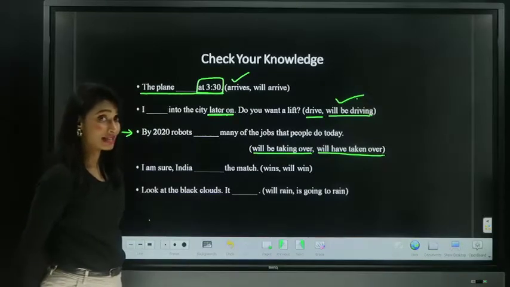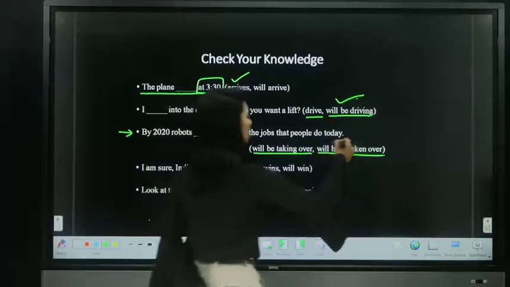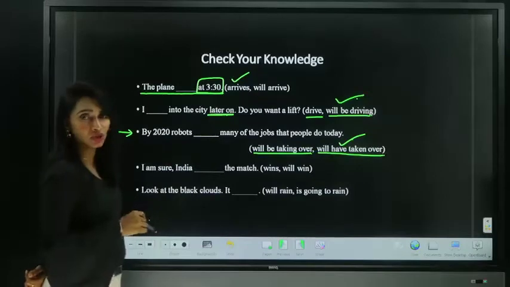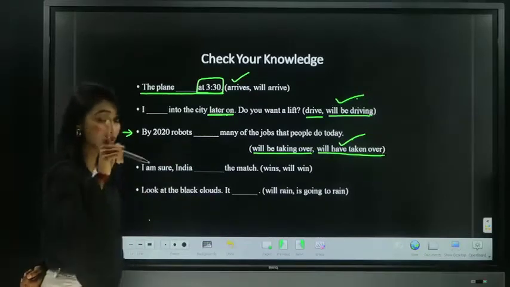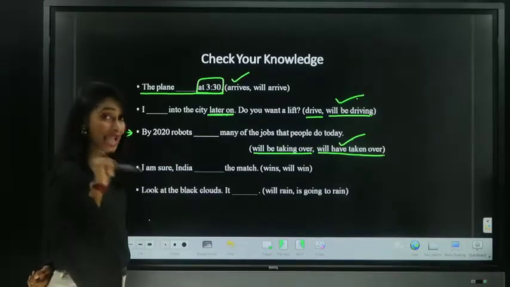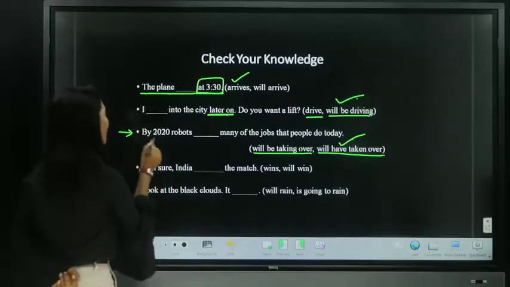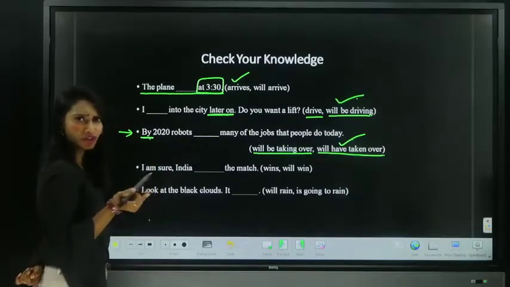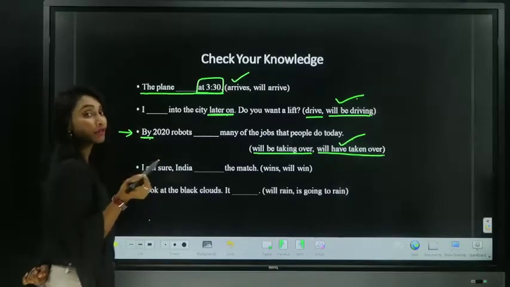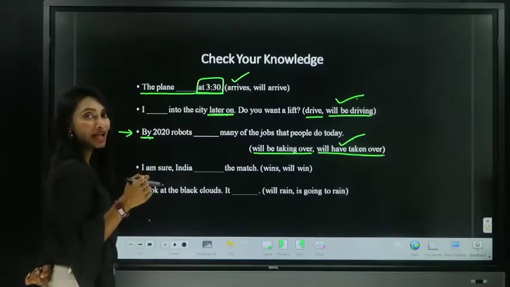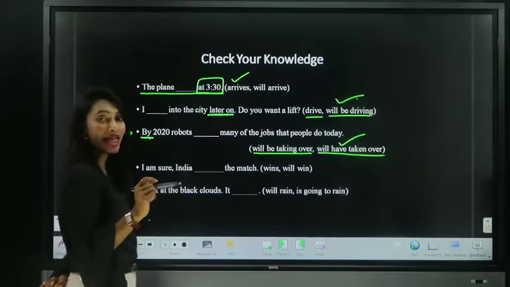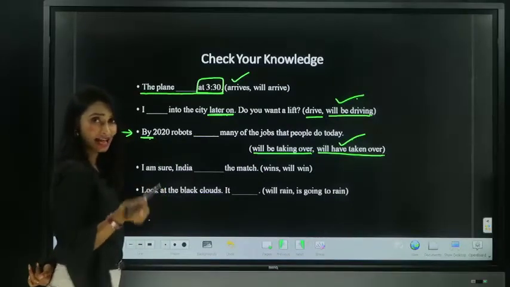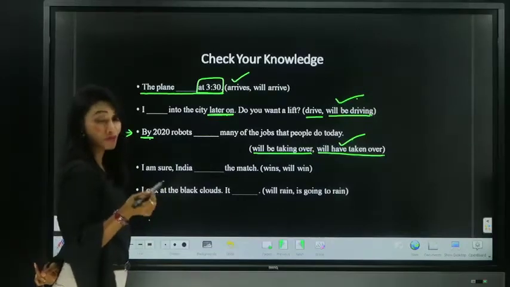So the right answer is given by Sunny. It is not will be taking over. It is not future continuous, because I told you already about the time indicator. Something started with by means which one? Future perfect. If it is future continuous, the time indicator should start with at this time 2020, at this time tomorrow, at 4 p.m. tomorrow.